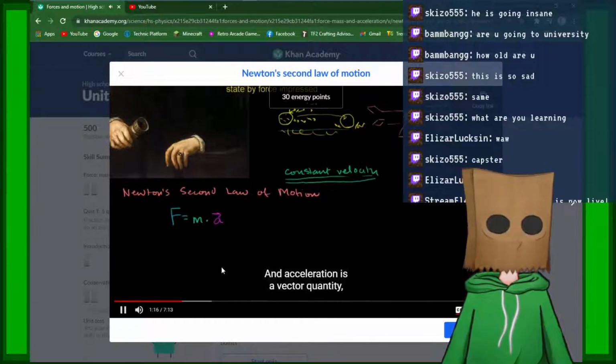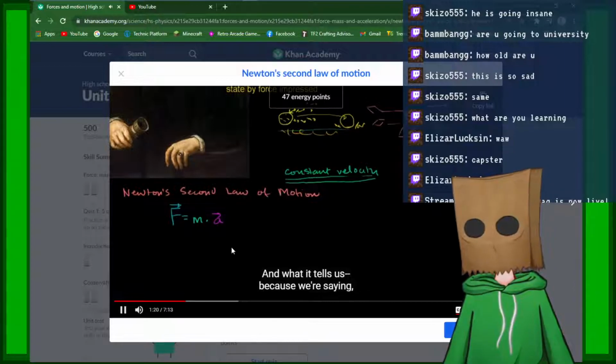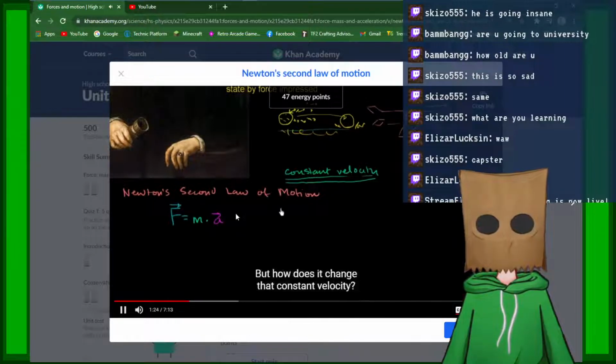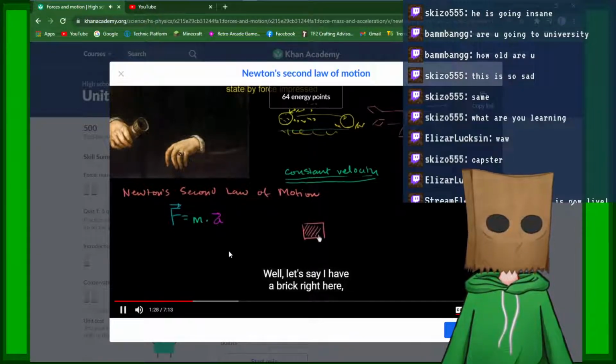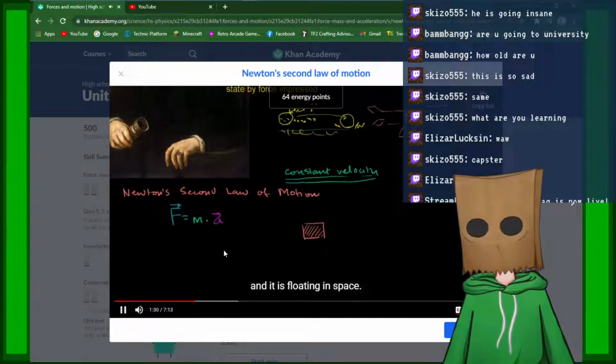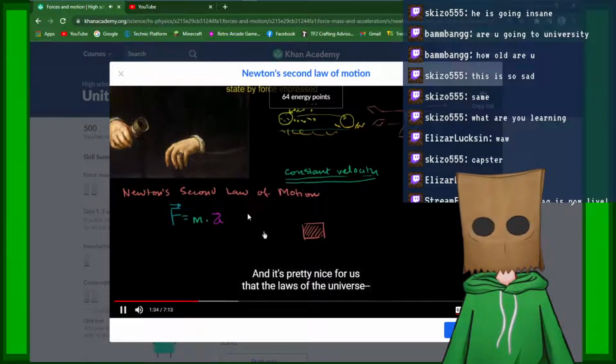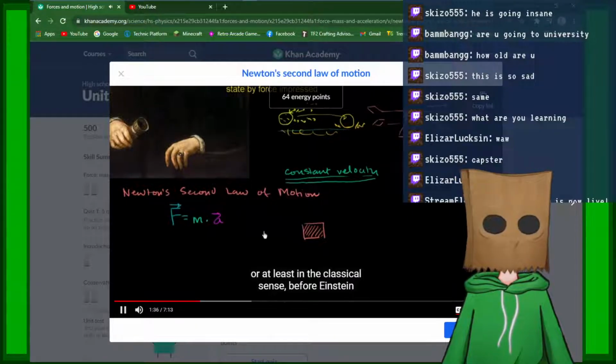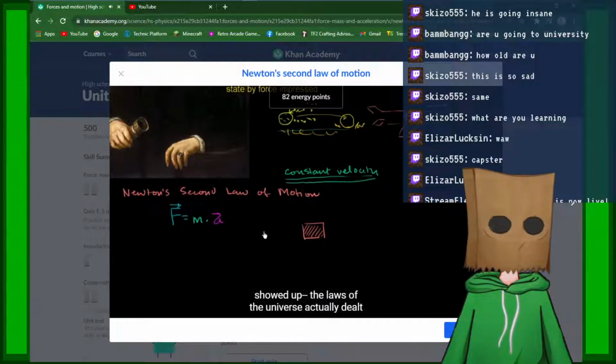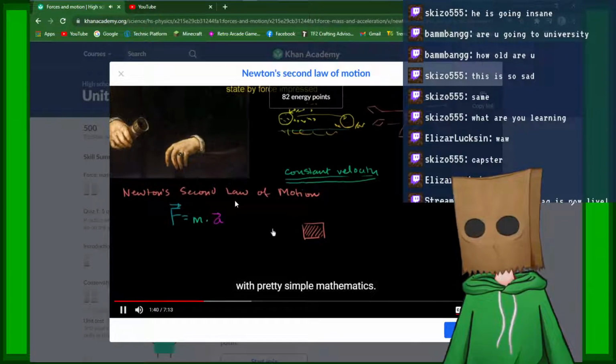Acceleration is a vector quantity, and All the way force here in is a Philippines. vector quantity. And what it tells us, because we're saying, okay, if you apply force, it might change that constant velocity. But how does it change that constant Welcome to velocity? my stream. Well, say I have a brick This is the right first here, time I'm and using it is a floating in space. camera for Newton's my second notebook. law tells us, and it's pretty nice for us, that the laws of the universe, or at least in the classical sense, before Einstein showed up, the laws in the universe actually dealt with pretty simple mathematics.